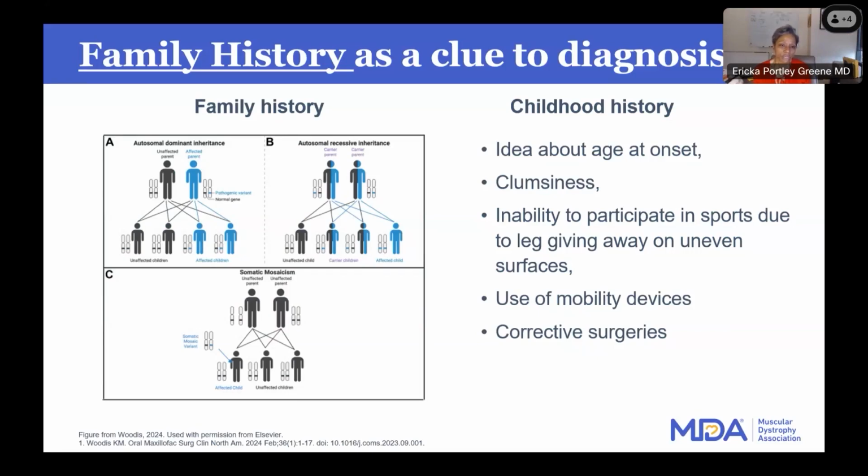And so on the left, you see the boxes, it shows autosomal dominant inheritance. This is where a gene mutation is dominant. And so one parent can have that gene mutation, and if it's dominant, it can penetrate and cause disease. And so each child from that couple has a 50-50 chance of acquiring that parent's mutation.